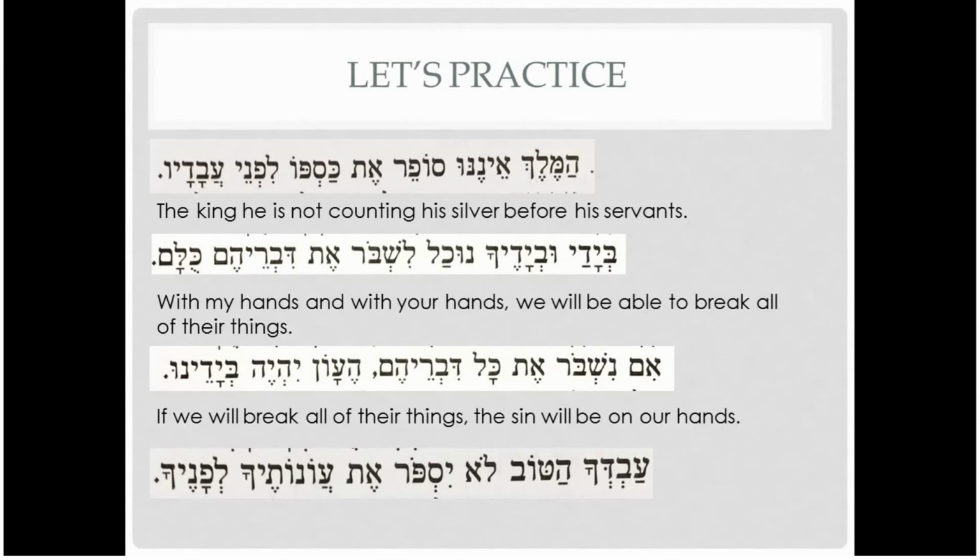Well, what might be helpful is to compare avdecha here with avadav here in the first sentence. And we know that this means his servants, and the key indicator is the yod, which is entirely missing from avdecha. So the missing yod there indicates that this means your servant, singular, and in fact the hatov, it's your good servant, right?